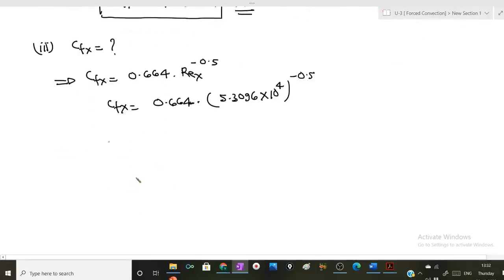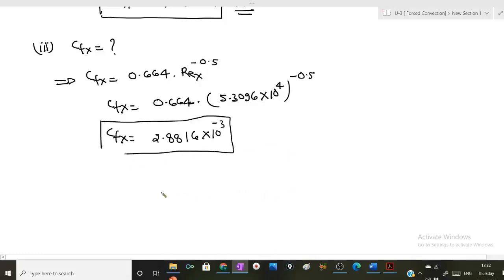Further, if you calculate this, CFX is nothing but a coefficient, so it won't have any dimensions, and the value comes out 2.8816 into 10 to power minus 3. This will be answer number 3. Okay. I hope all of you have got this value.